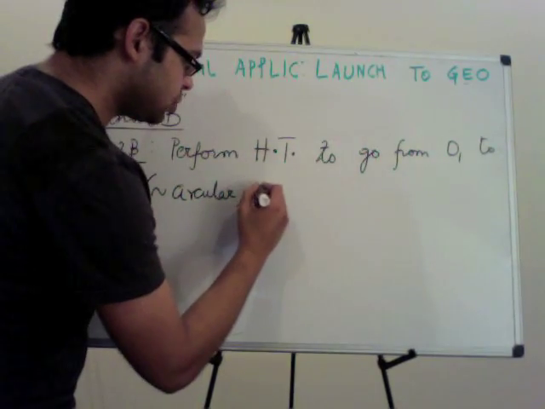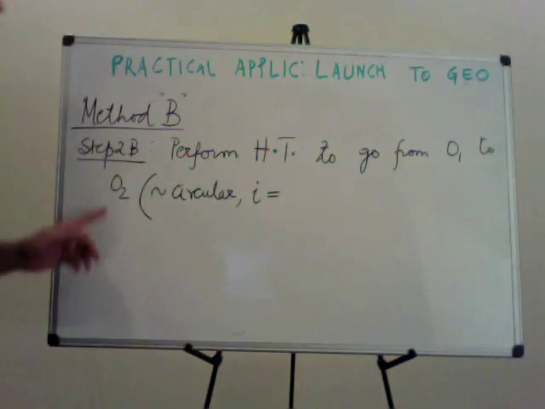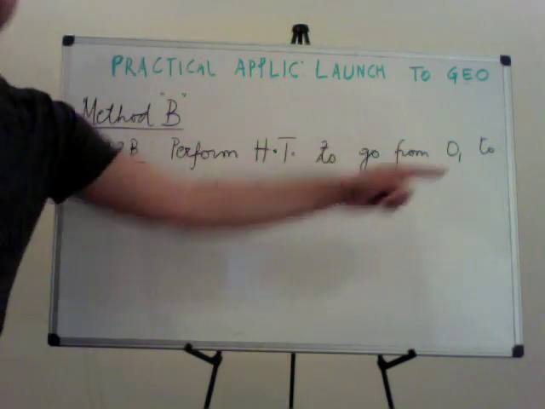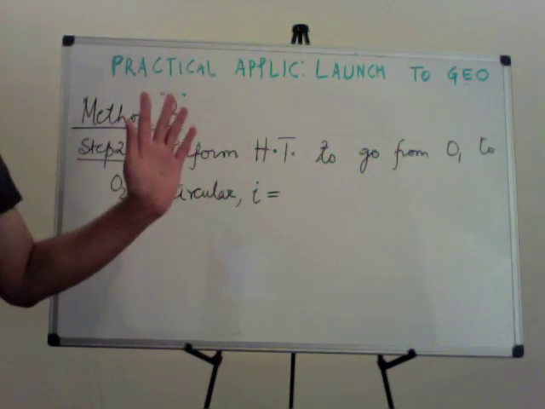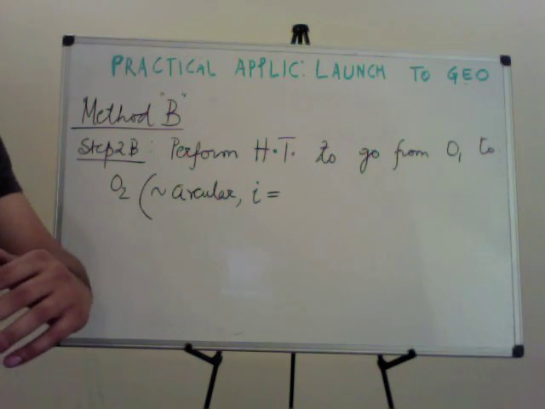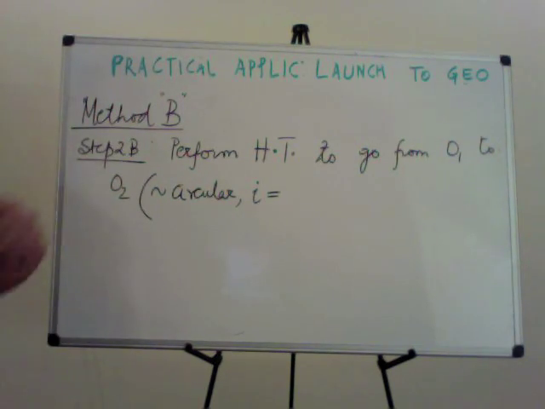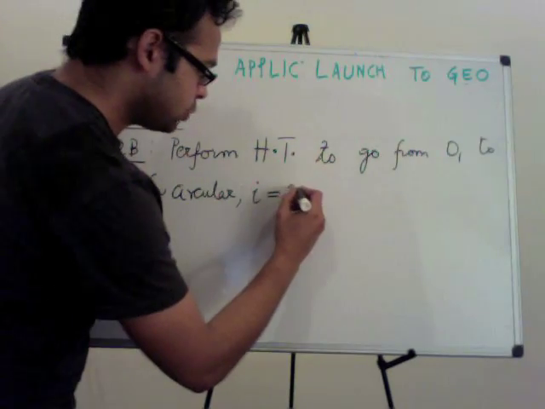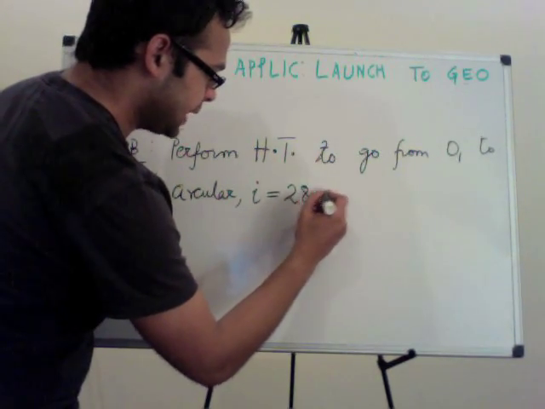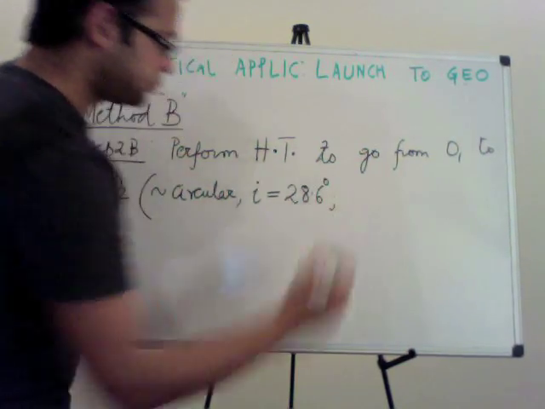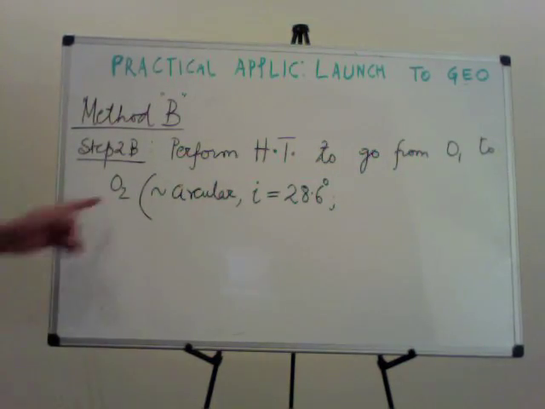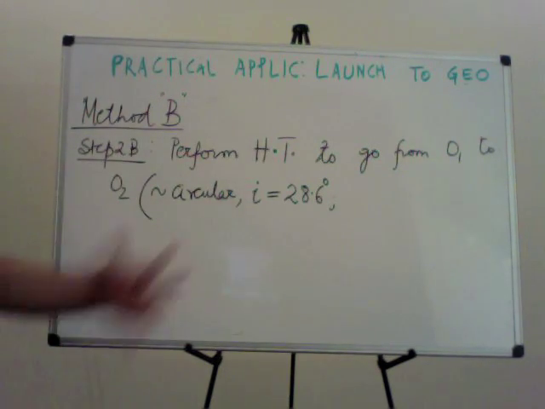with an inclination. What should be the inclination of O2? The inclination of O2 will be the same as the inclination of O1, because a Hohmann transfer's initial and final orbits have the same plane. But O2 is going to be bigger than O1, right? That's what a Hohmann transfer does.